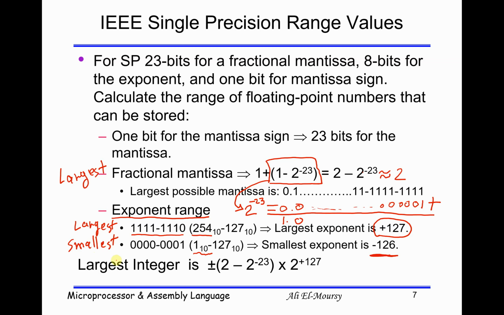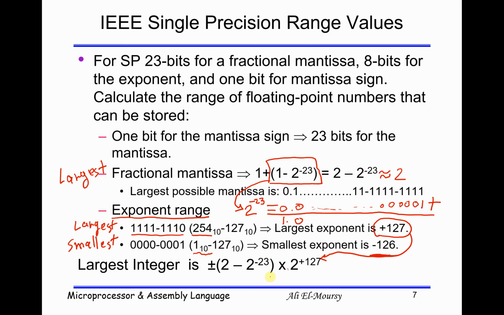Okay, so accordingly the largest number ever is the largest fraction multiplied by 2 to the power of the largest exponent. Since the fraction is almost 2, that means this is multiplied by 2 to the power of the exponent, which is 127.